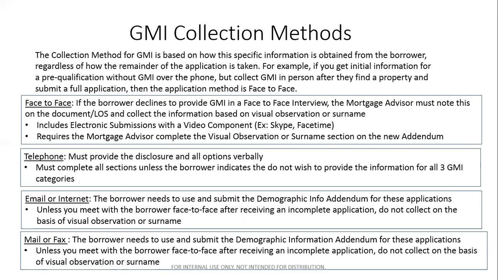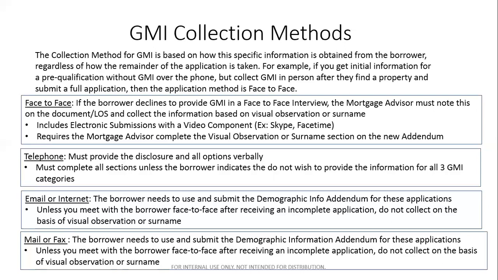If we're getting an application or collecting this information via email or internet, the borrower needs to use and submit the demographic information addendum for these applications, unless you meet with the borrower face-to-face after receiving an incomplete application, and do not collect on the basis of observation or surname. Mail or fax collection, the borrower needs to use and submit the demographic information addendum for these applications.